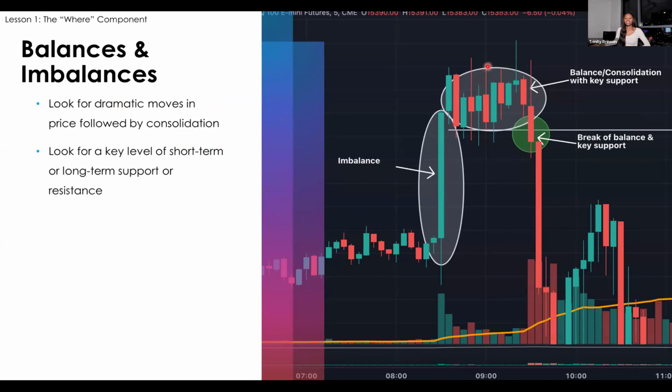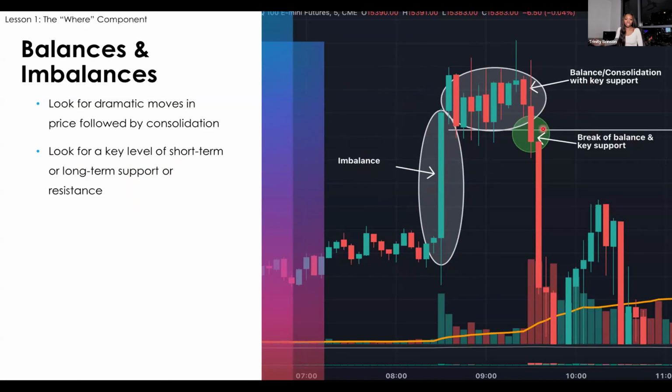And then to actually use this level for a trade entry or whatever, we're going to need to look for a key level of short-term or long-term support resistance, just depending on the time frame. So we see here we have this dramatic move up. That's going to be considered our imbalance candle. And then we have that consolidation that forms. The market is balanced, okay? And then we have that level of support.